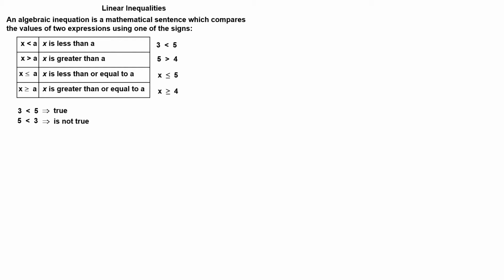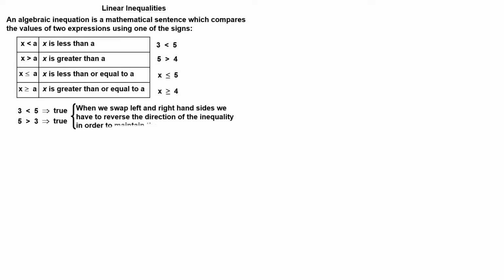We must reverse the inequality sign to maintain the statement true. Therefore, when we swap left and right hand sides, we have to reverse the direction of the inequality in order to maintain the true statement.